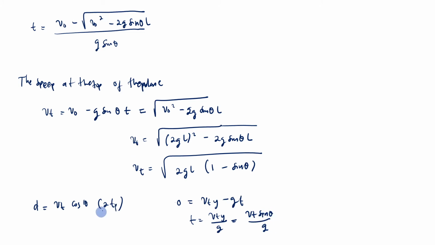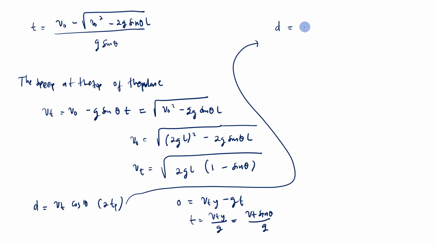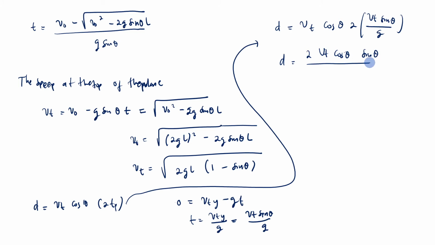Okay, and in this equation we substitute Vt cos theta times Vt sin theta divided by g, and we get d equals 2 Vt squared cos theta sin theta divided by g.